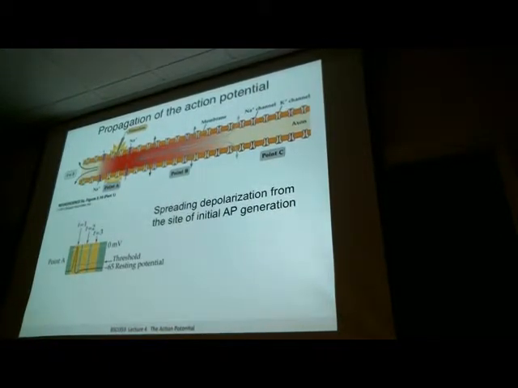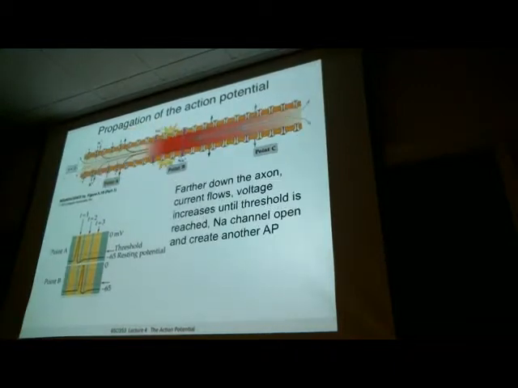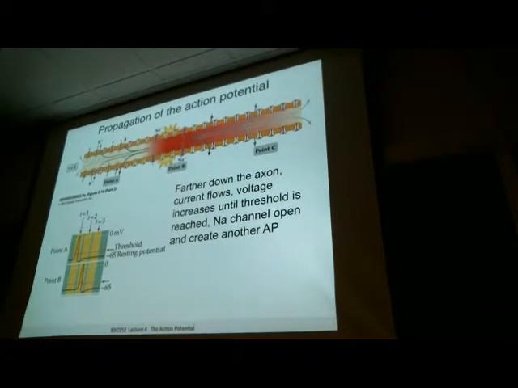This signal is propagating down the axon, and it's declining as it goes along. At point B, eventually, the signal is such that you have openings of these sodium channels. A little further down the axon, everything happens again: influx of sodium, depolarization, and that boosts the signal.